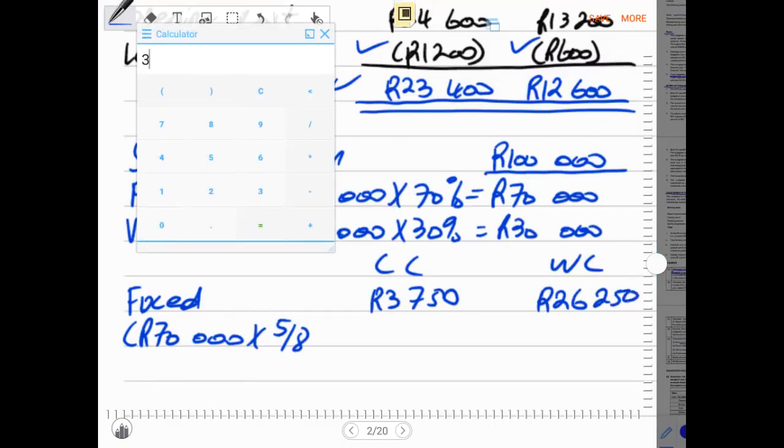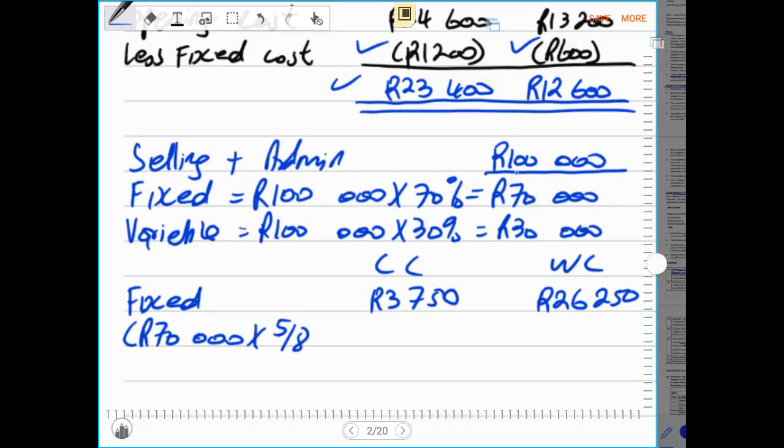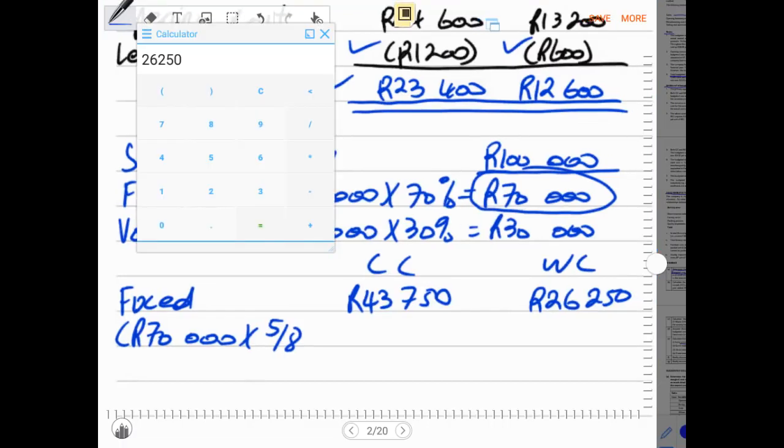Just to confirm, that is 3/8 times 70,000, which is 26,250. So now that 70,000, which is fixed, is divided into 43,750 for the first product and 26,250 for the second product. If you add the two, it gives us the same 70,000.